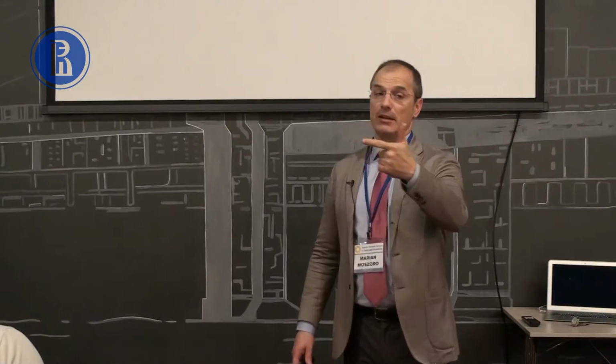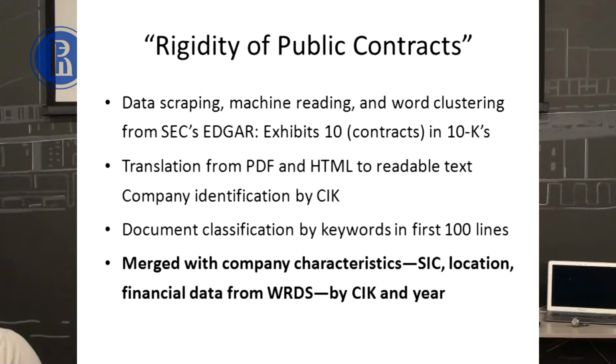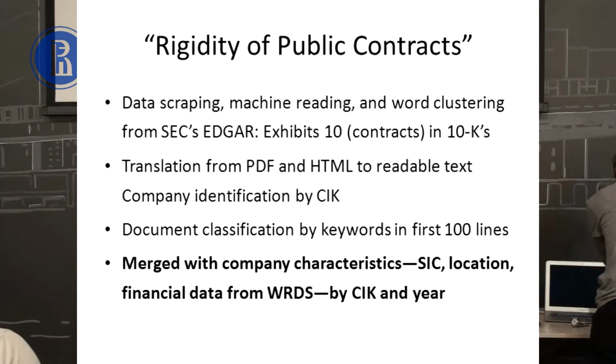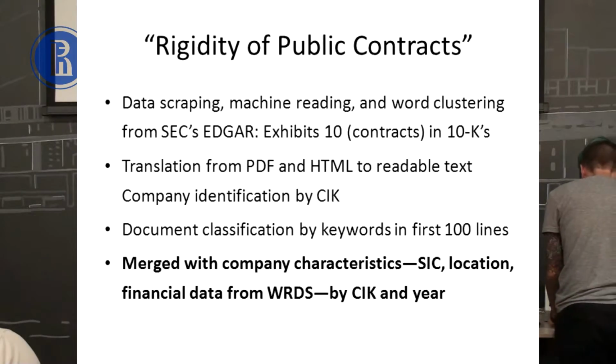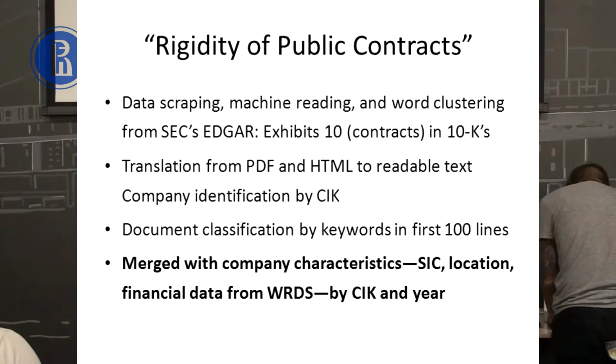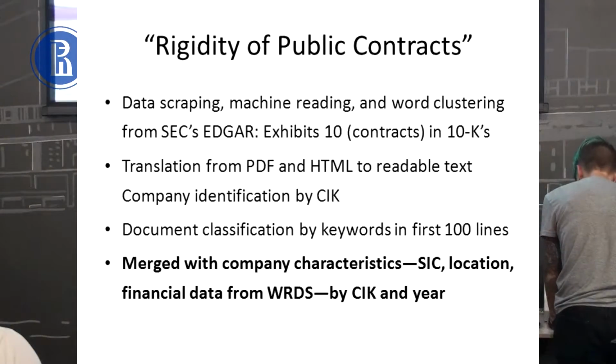What I did is I had a hypothesis that public contracts are different than private contracts, and that regulated industries are different than non-regulated industries. So I downloaded all the contracts from the SEC, then analyzed their words in terms of contractual terms, and classified the contracts into utilities and non-utilities, merging with the WRDS data set, which stands for Wharton Research Data Service.